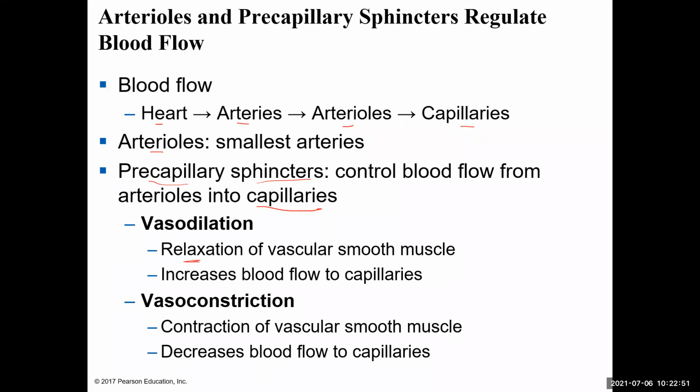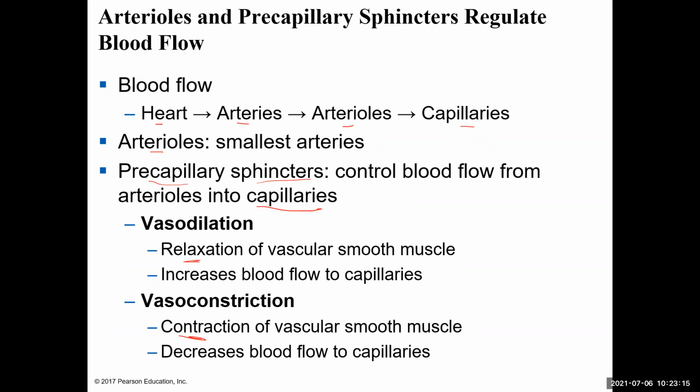Now, if those sphincters constrict and undergo vasoconstriction, then they get tighter, and it's like you're turning the water off. You're turning the blood off into the capillaries, and it decreases the amount of blood flow that goes into those capillaries. So dilation is relaxation, constriction is contraction.